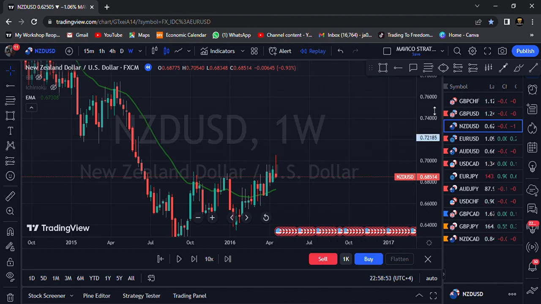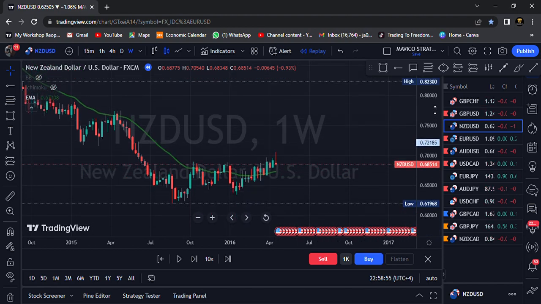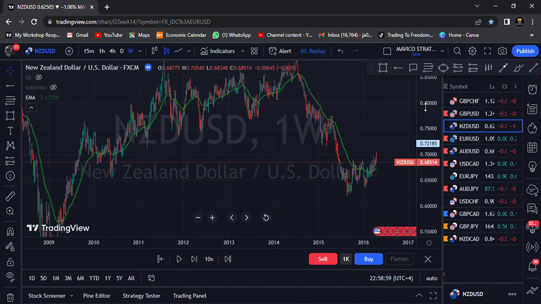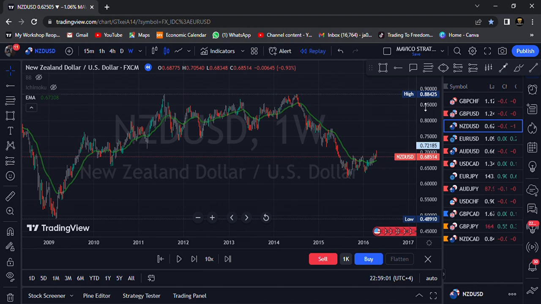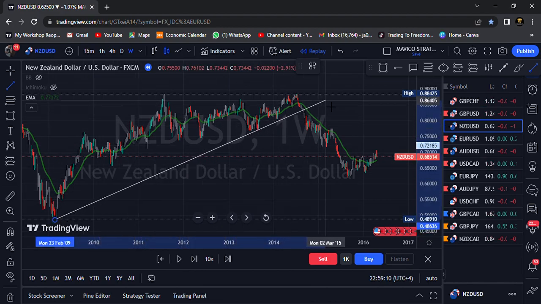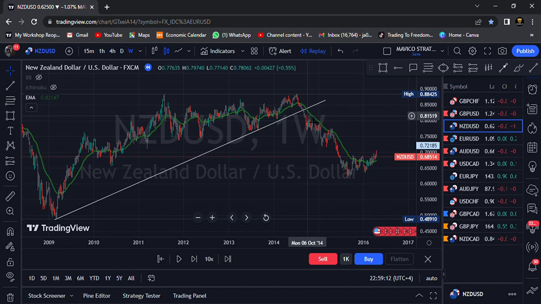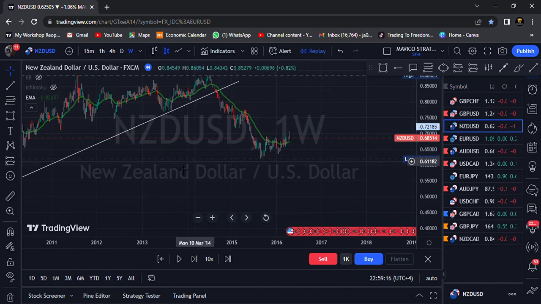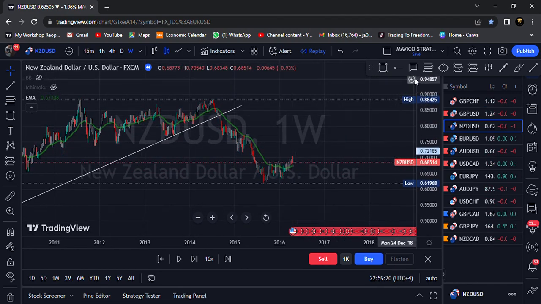We look at the structure. We see if the market is on a downtrend or an uptrend. As we can see, the uptrend was already broken here. The market is trading below the moving average, and actually it's a downtrend.